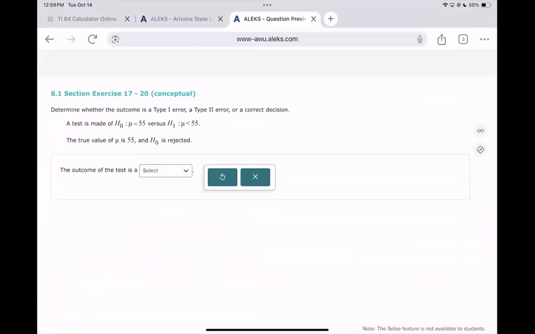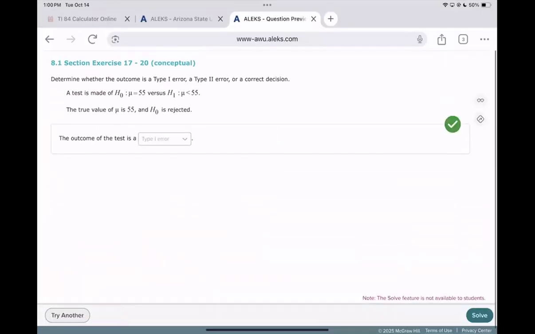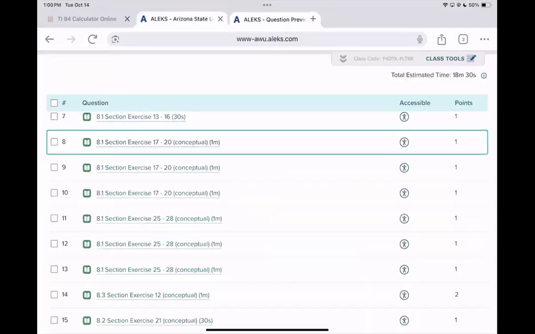Determine whether the outcome is type 1, type 2, or correct decision. A test is made where mu equals 55 is the null, mu less than 55 is the alternate. The true value mu is 55. H naught is true, and yet H naught is rejected. That's a type 1 error. When in doubt, you can consult that table, but that's a type 1 error. So questions 8, 9, and 10 are that kind of question.